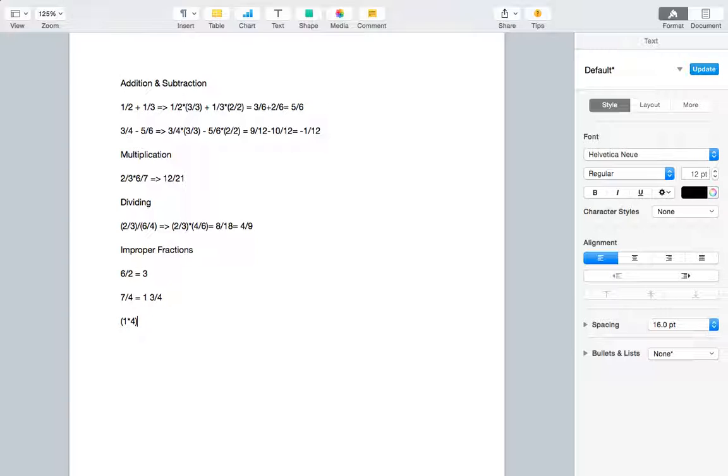Do not forget your order of operations. So that'll give you 1 times 4, 4, plus 3. So that gives you 7. And then you put that over the denominator. Back to what you had originally. That's how you do it. So whole number multiplied by denominator, and then you add the numerator and that answer over the denominator.